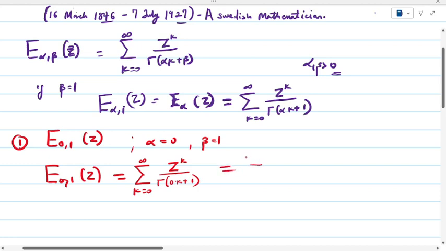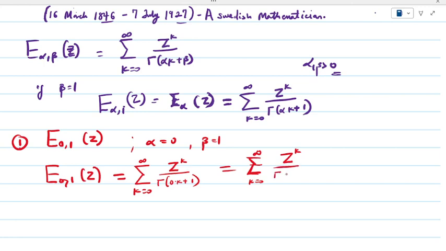Simplifying, we have the summation of z to the power k over gamma 1, and gamma 1 is equal to 0 factorial, which equals 1.